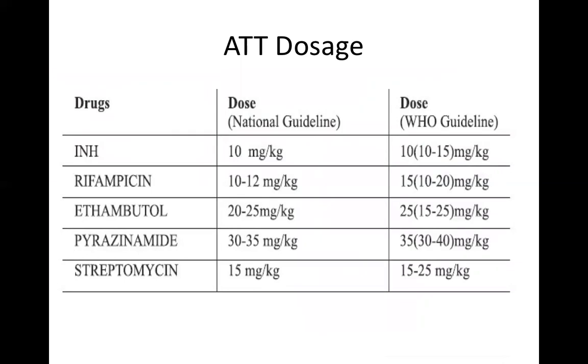Isoniazid is given at a dose of 10 milligrams per kg body weight. Rifampicin at a dose of 10 to 12 milligrams per kg. Ethambutol at 20 to 25 milligrams per kg. Pyrazinamide at 30 to 35 milligrams per kg. And streptomycin at 50 milligrams per kg.